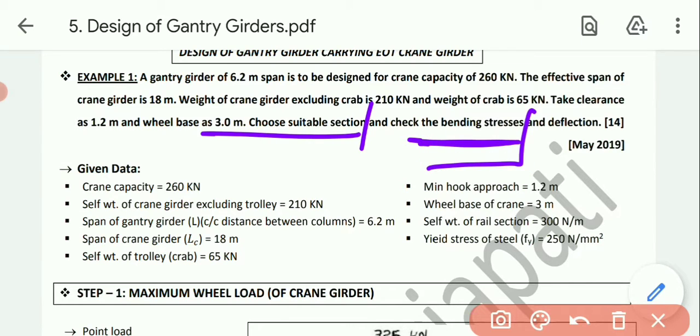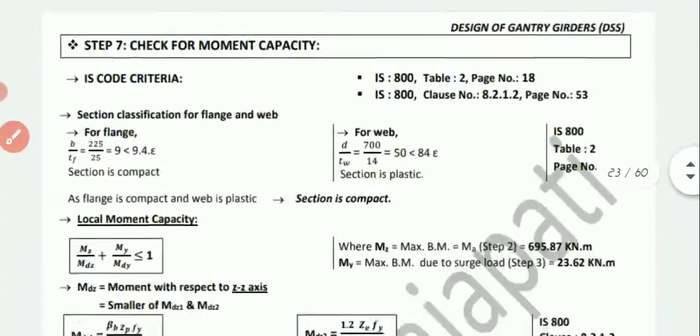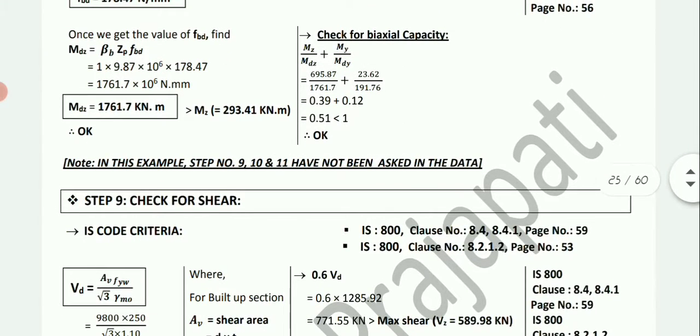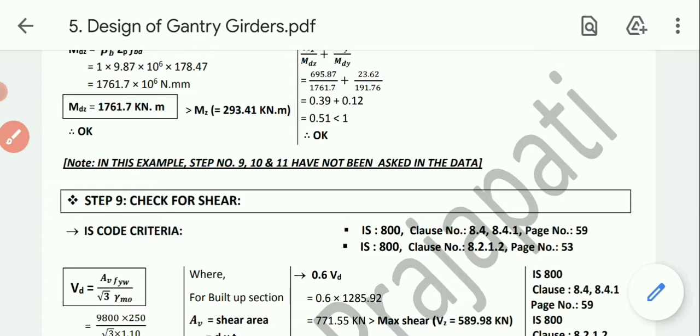We already checked the bending stress over here, and deflection. We need to provide only the deflection check, but for practice purposes I have provided all the checks over here. In this example, step numbers 9, 10 and 11 have not been asked in the data, though for practice purposes I have provided these data.